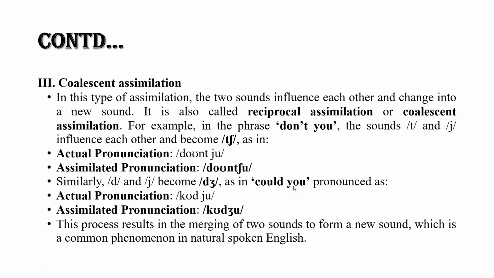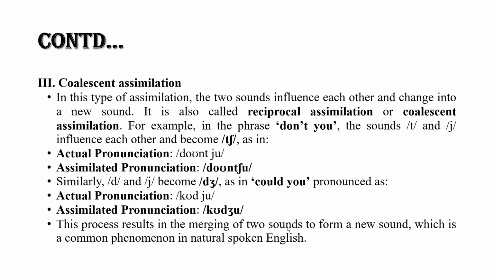In isolation, it is pronounced as "could", and "you" is pronounced as "you". But in connected speech, in rapid speech, it is pronounced as "kudju", because d and y influence each other. So this process results in the merging of two sounds to form a new sound.